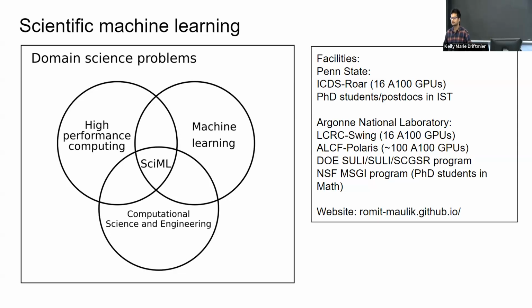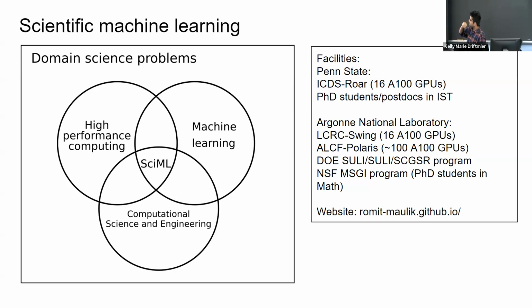You may have read papers titled physics-informed machine learning, physics-informed deep learning, or scientific machine learning. I like to use the term scientific machine learning, which means the use of data-driven methods for science, not for classifying cats versus dogs or giving you recipes for cakes. That's also stuff machine learning can do. So it's at the intersection of HPC, machine learning, and computational science.